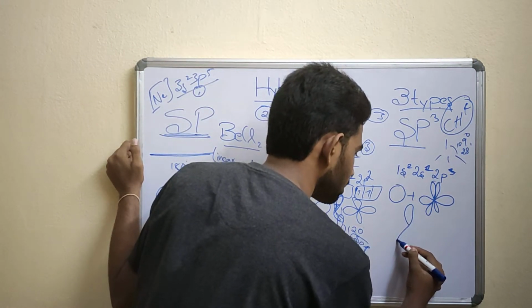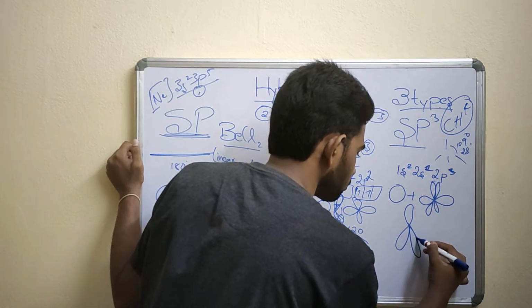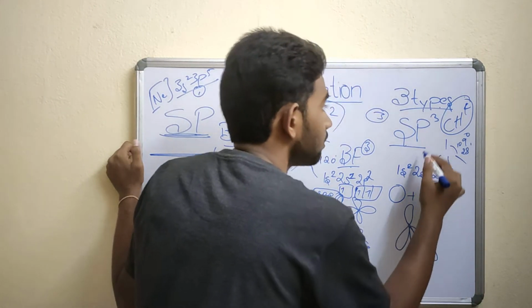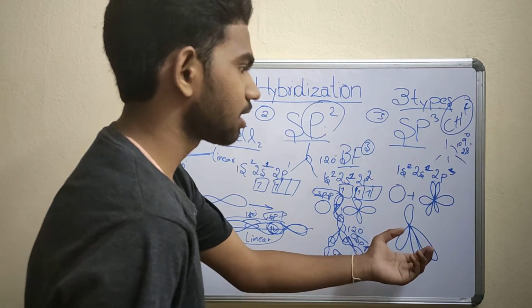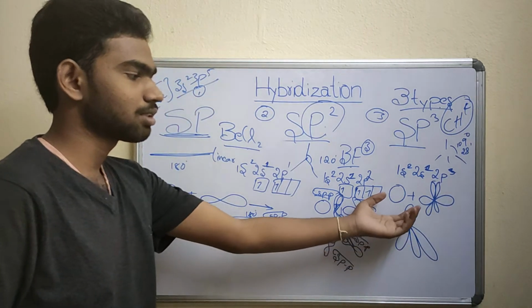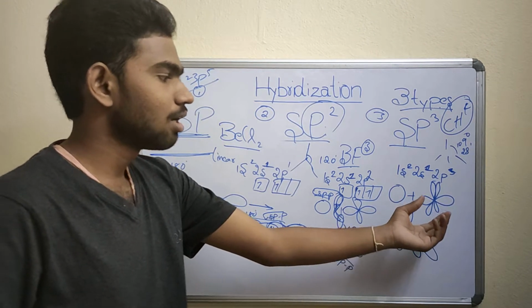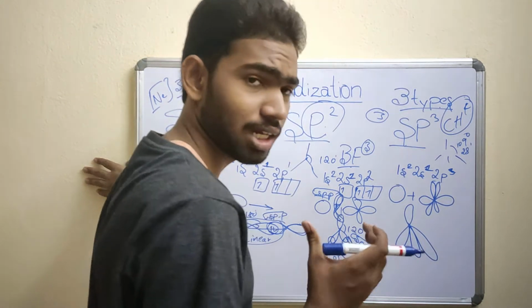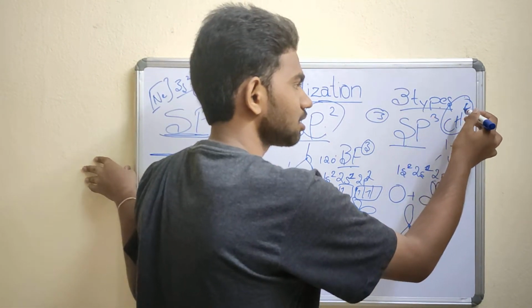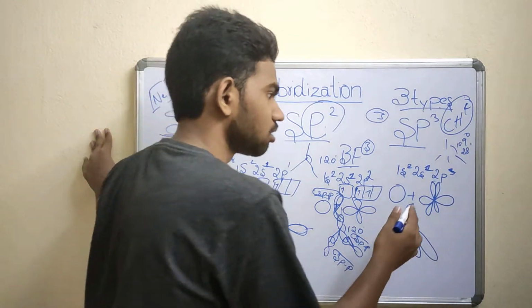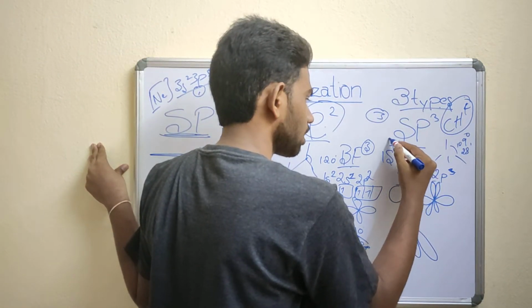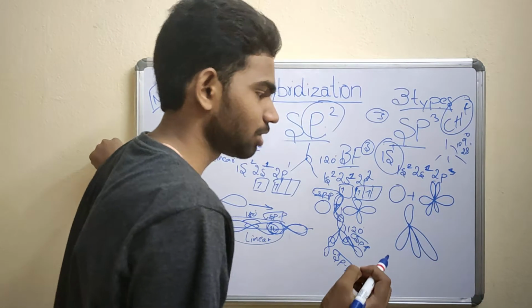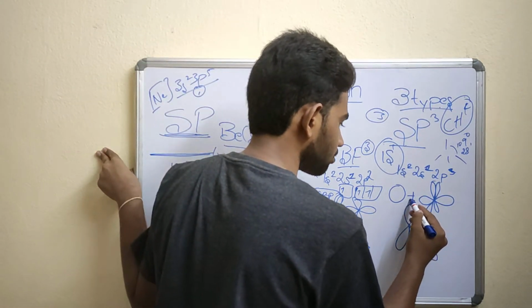Here we can observe the shape. This is the tetrahedral shape with 109 degrees 28 minutes, where the s orbital and three p orbitals intermixed and formed sp3 hybridized orbitals. Four hydrogens, each with a 1s1 spherical orbital, are attached.